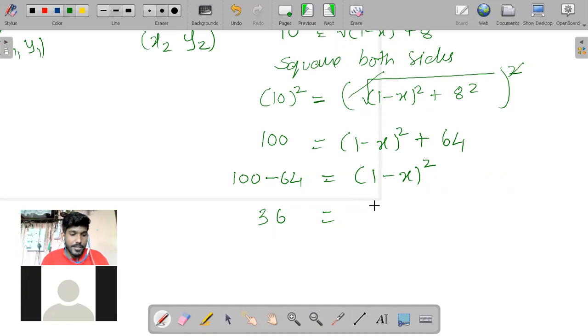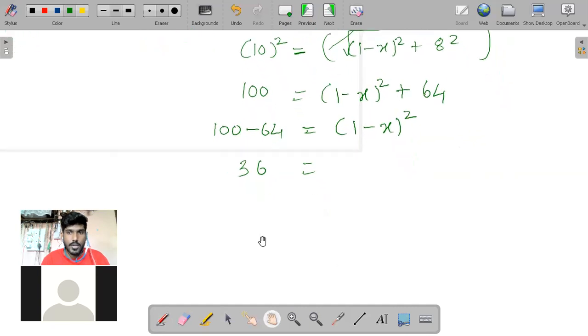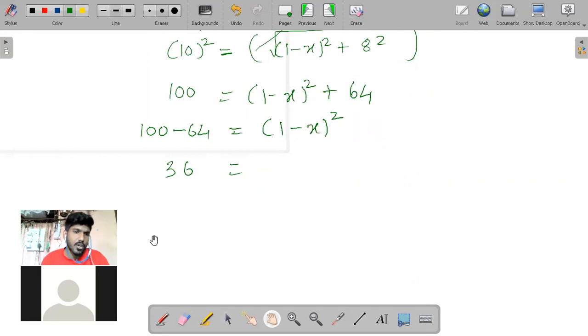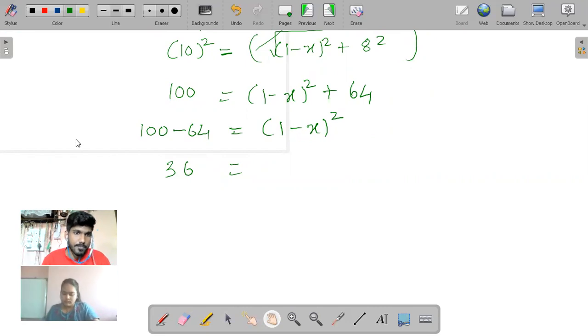When we use (a minus b) whole square, we will get a quadratic equation. Do you remember how to solve quadratic equations? No. Okay. I'll show you both the methods and then you decide which method is easy for you, and you do whichever is easy for you.